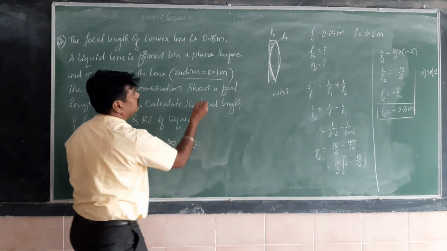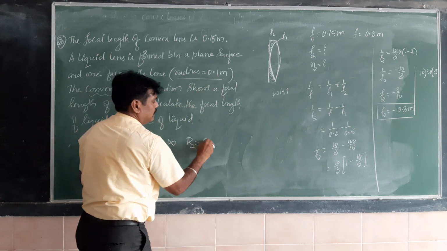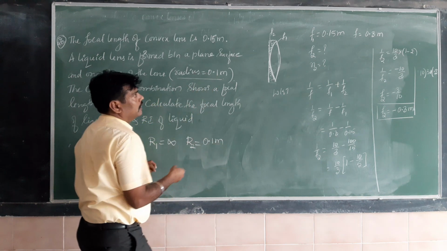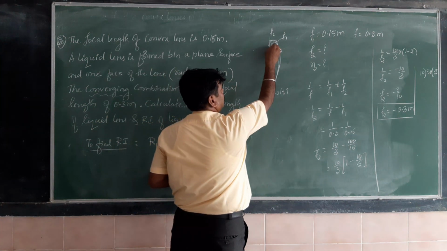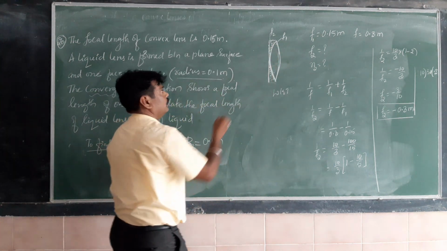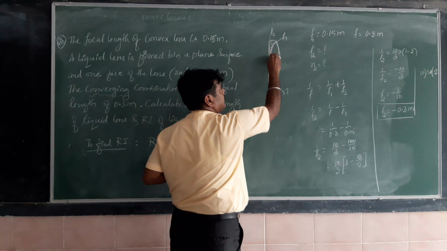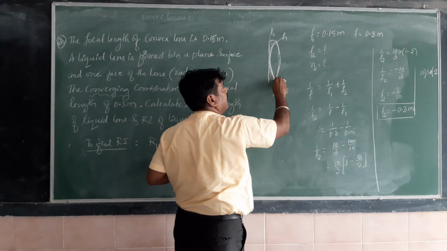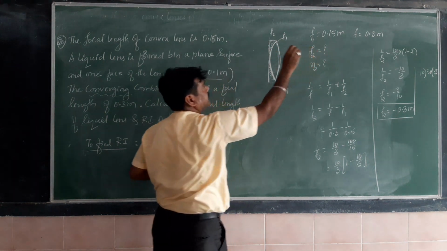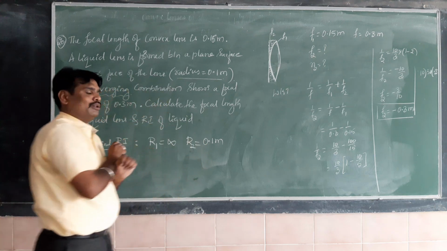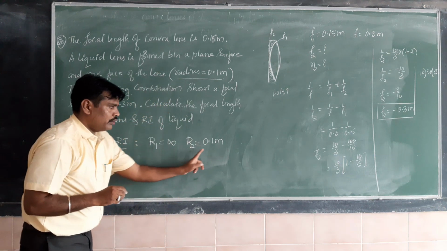R2 is given. What is the value of R2? 0.1 meter. See here, R1 is infinity. R2, we have to take this surface. This surface is taken along the direction of the incident ray, right? It is a positive value. So R1 is infinity, R2 is 0.1.